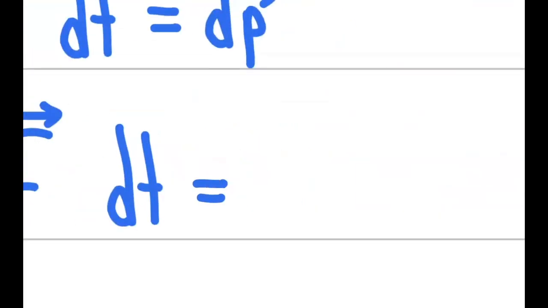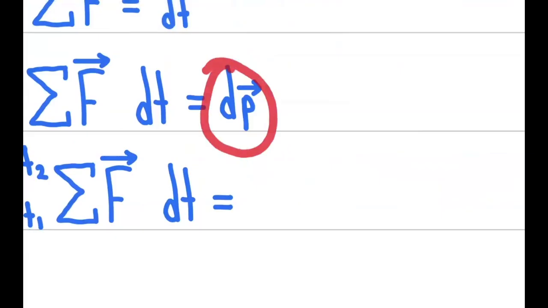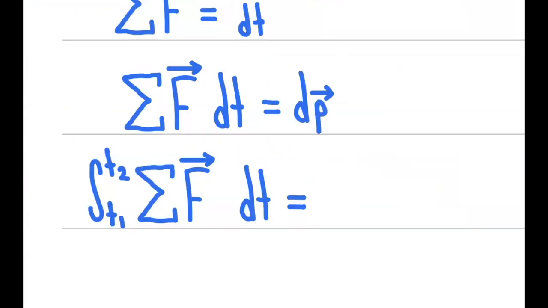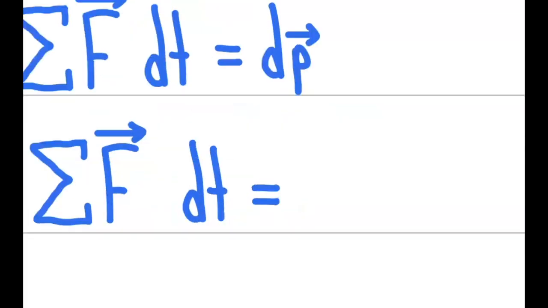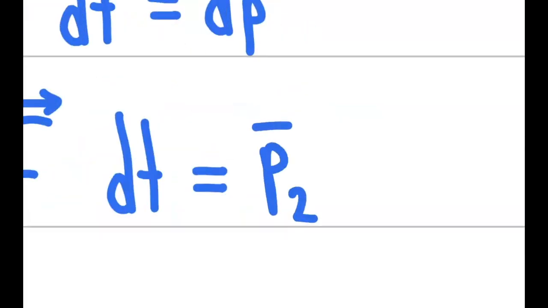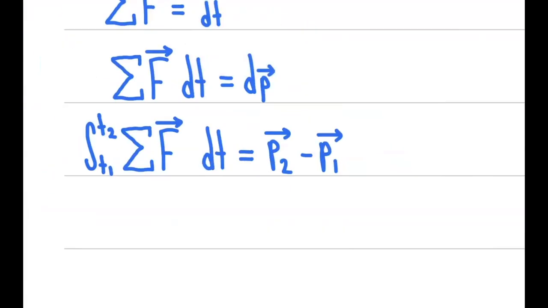And what's the right-hand side going to equal if I integrate it from p1 to p2? Delta p. Just to be very explicit about it, it's p2 minus p1. That's the change in momentum, so just like Dubious Guy said, I can write that as delta p.